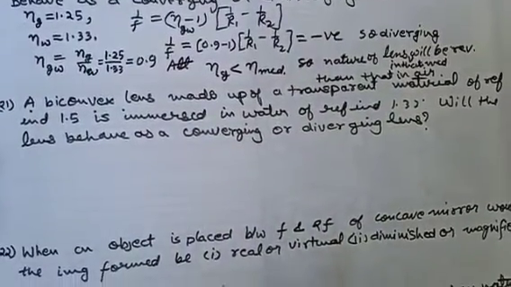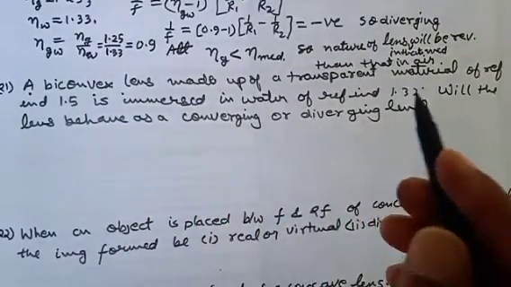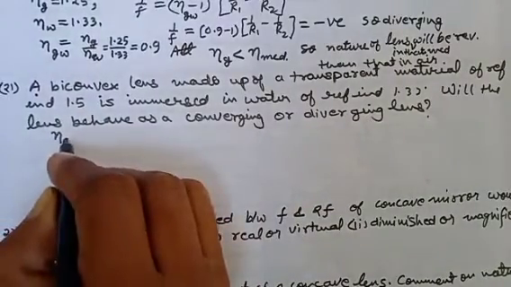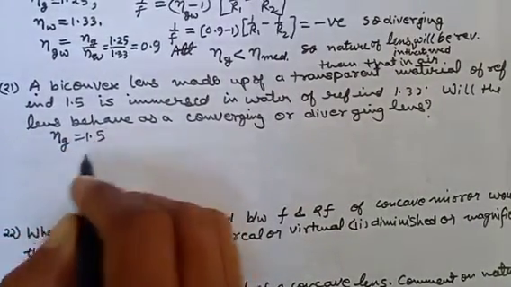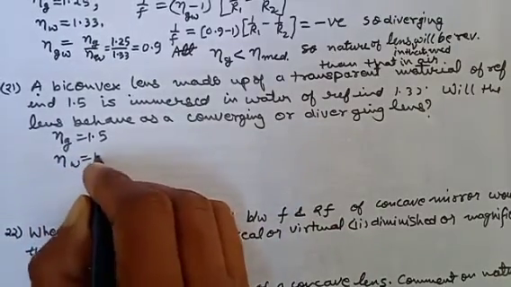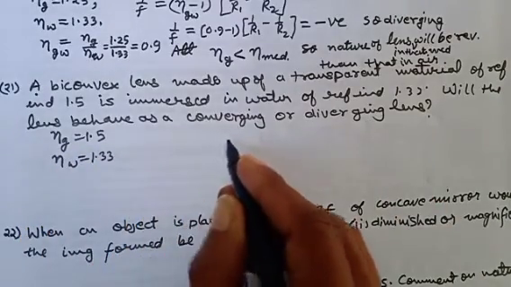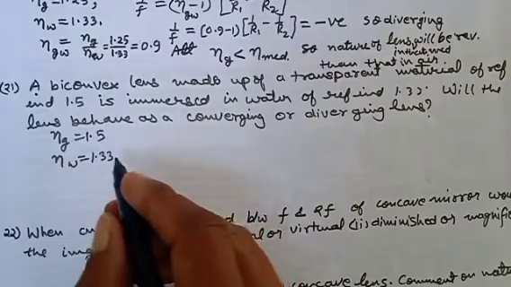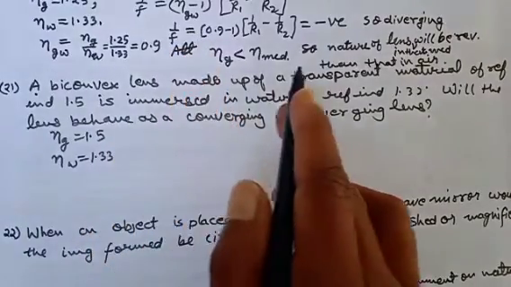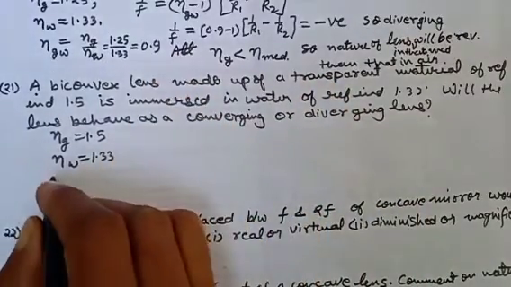Same type of question is here. A biconvex lens made up of transparent material, blah blah blah, refractive index 1.5, eta g is 1.5, and it is placed in water, eta w 1.33. Will the lens behave as a converging or diverging lens? So first way to answer is this, second way to answer is this. So we'll follow this way.